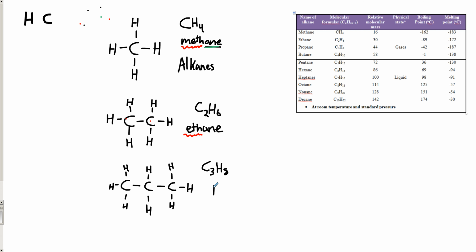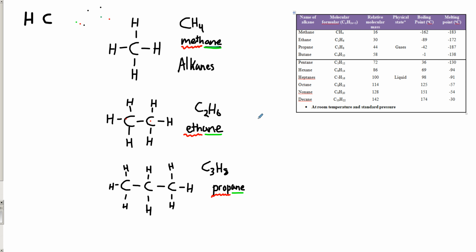I'm not going to obviously do all these. I don't think there's really any worth to that. But again, we're seeing a pattern. The prefix is prop. That tells me that there's 3 carbons there. And the suffix or ending word is -ane. That means there's no double bonds.